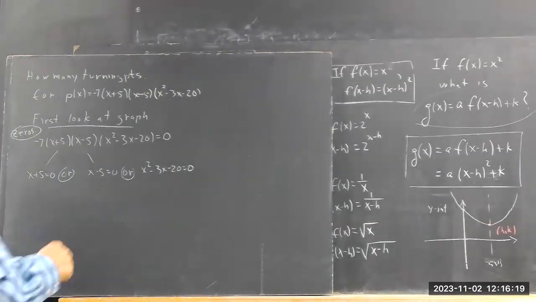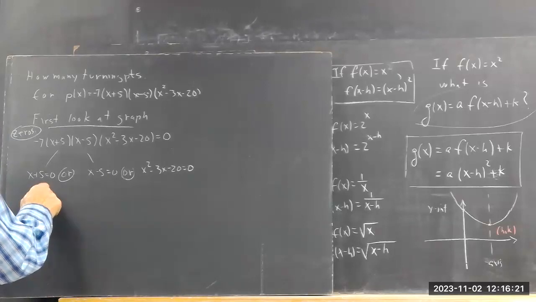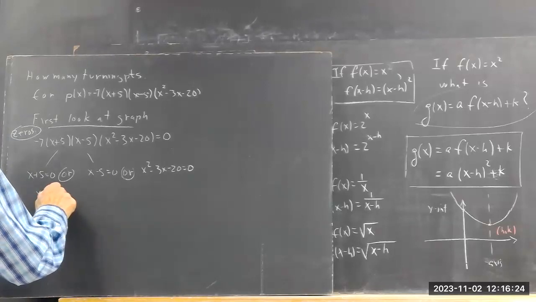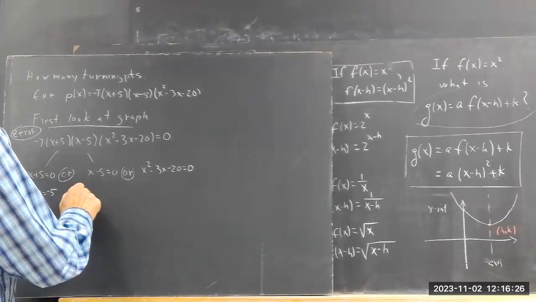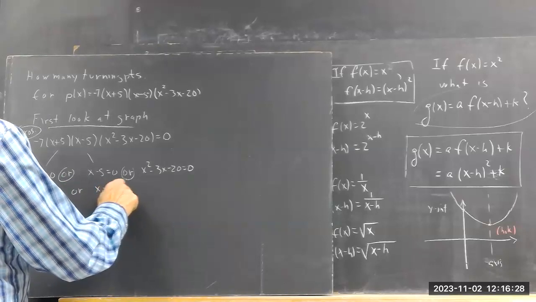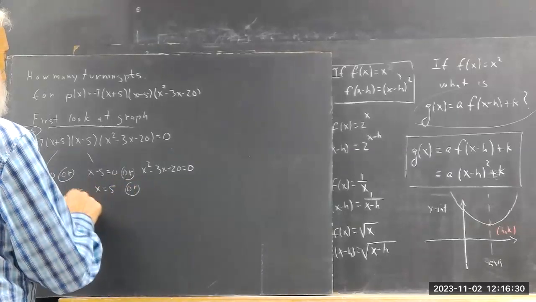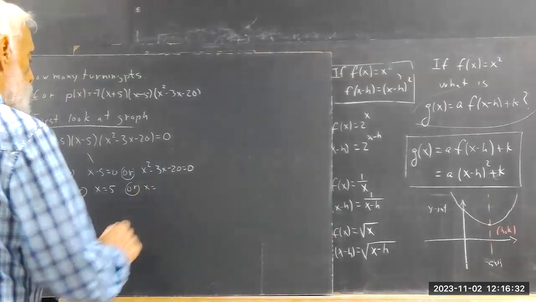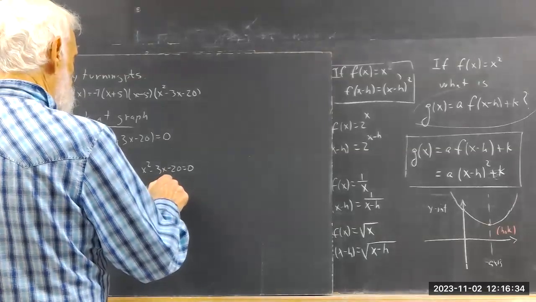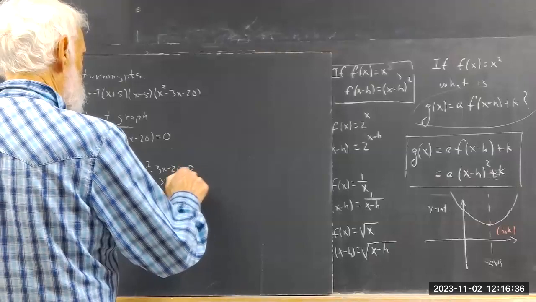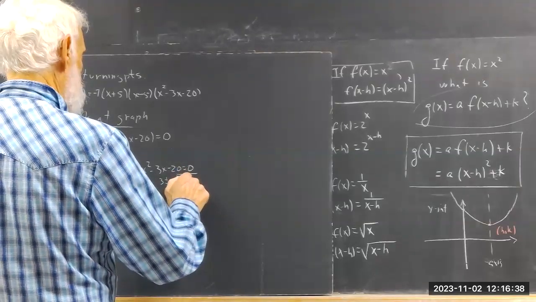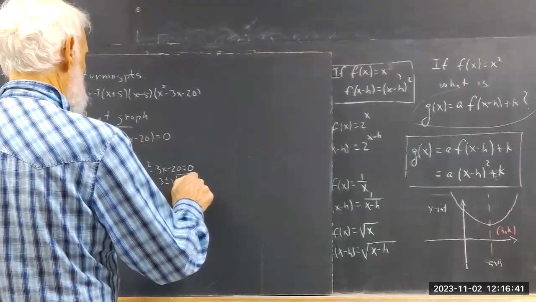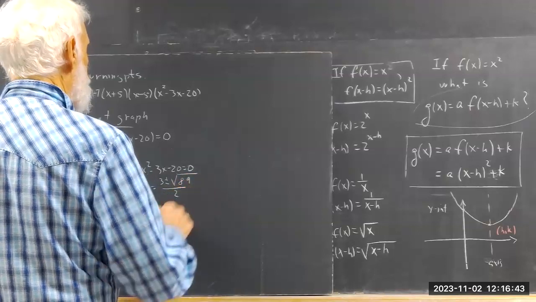Okay. So x equals -5, or x equals 5, or x equals 3 plus or minus the square root of 89 over 2.